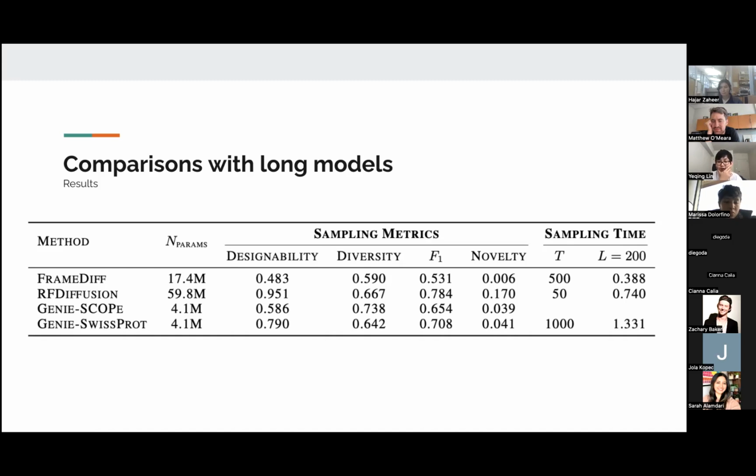But a lot of the time, if you consider model architecture, some models are better at capturing different parts of the protein structure space. What that means is that you are able to see higher designability and diversity at the same time. So in some sense, what I was reasoning about with FrameDiff and Genie on SCOPe is probably some architecture edge, that allows us to better capture different regions with higher accuracy.